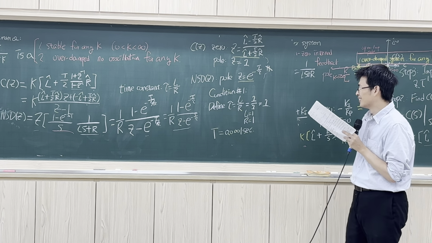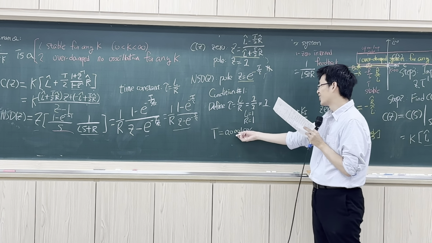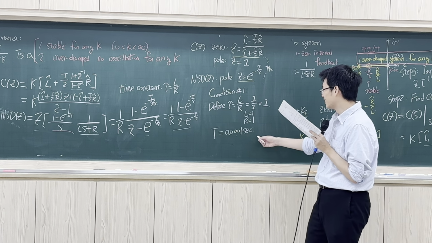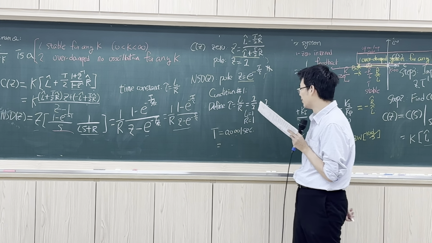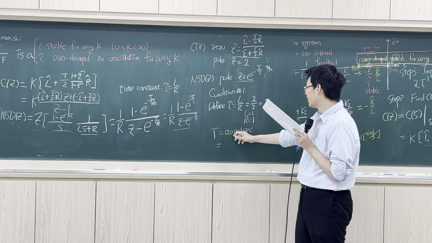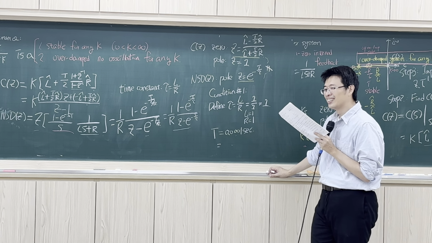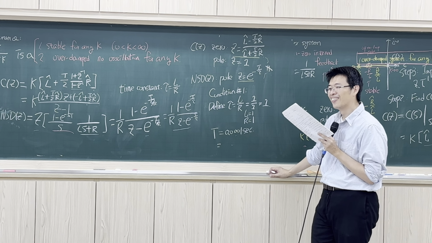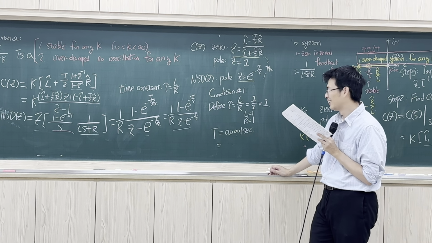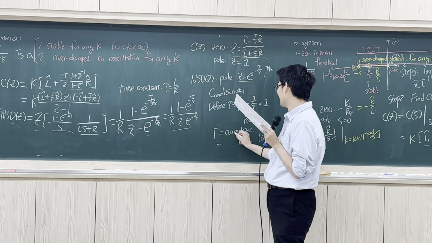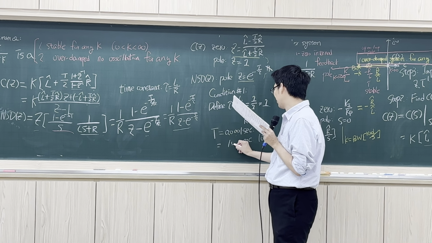If you don't know how short this sample time is, you can use the unit transformation. 0.0001, in microseconds, 10 to the minus 6, so it only has 1, 2, 3, 4, 5, 6.